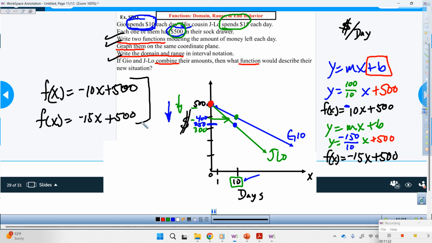If we were to combine these, what would be our new function? Talking to the neighbor, what would be our new function? All right, looks like Enrique's got it. Go, Enrique.